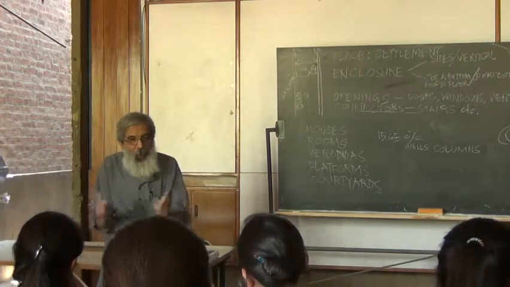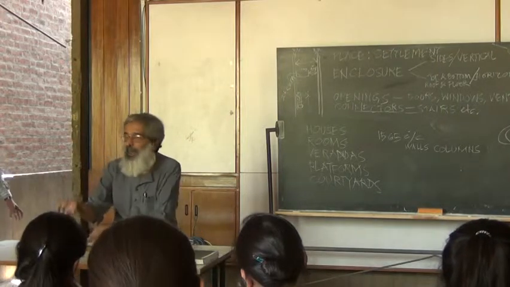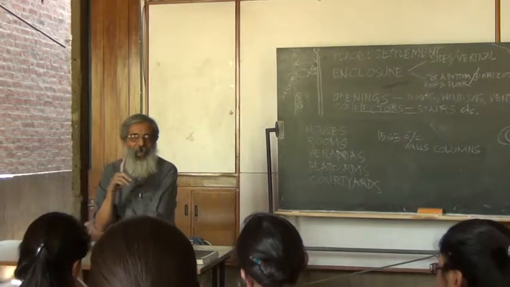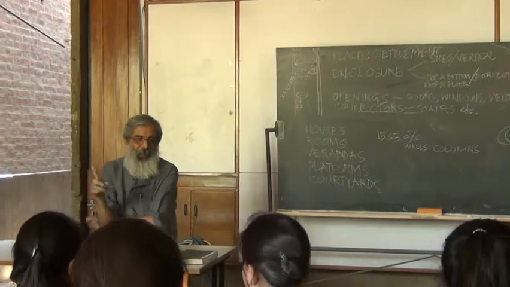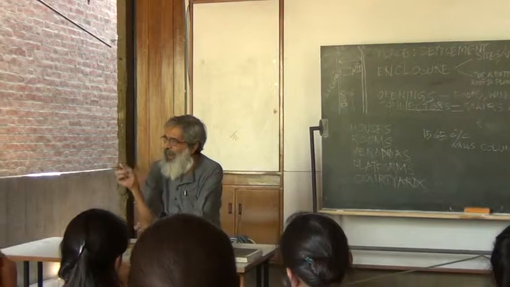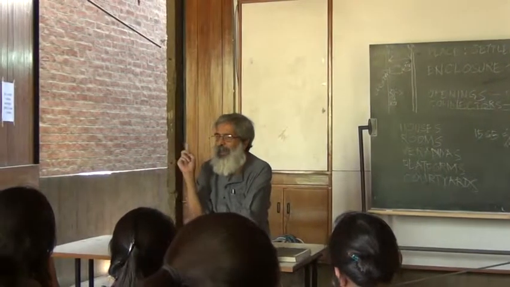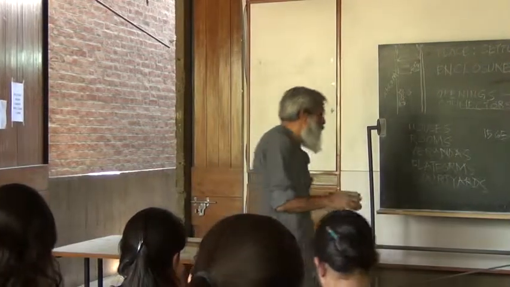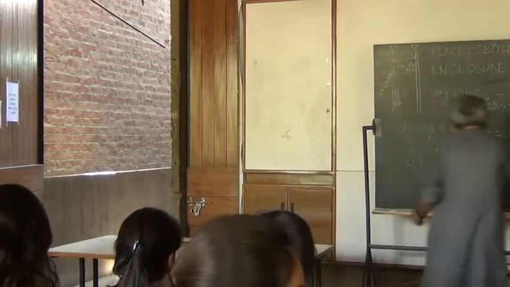So this week, the 3 or 4 of you are going to sit together, discuss and decide the plan and the sectional dimensions first. So you will have a drawing.